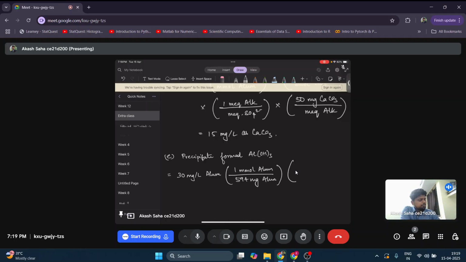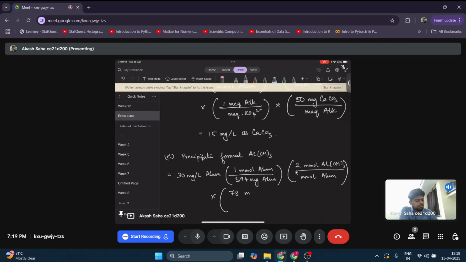How many precipitates were forming per mole of alum? It is 2 millimole of AlOH thrice per millimole of alum into the weight of alum.